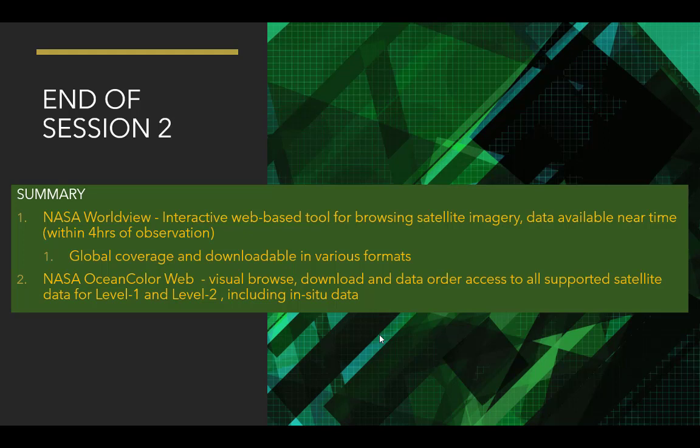Then we have looked at the NASA Ocean Color Web, where you can visualize and browse, download, and order the data to access all the supported satellites for level 1, level 2, and level 3, as well as in situ data. So these are just two, in addition to the two that have been mentioned earlier. These are just two of those data access tools that you can use for remote sensing.